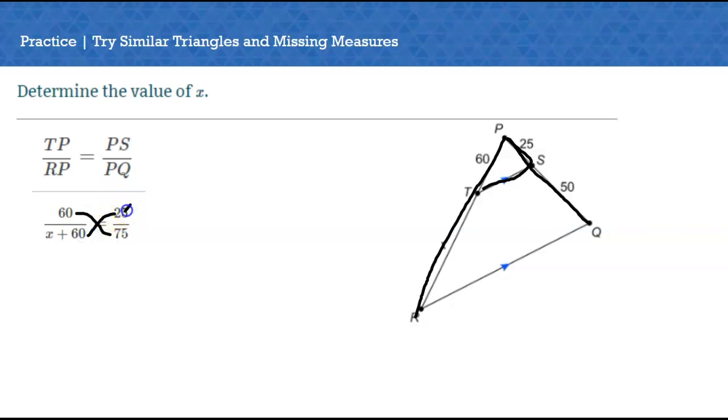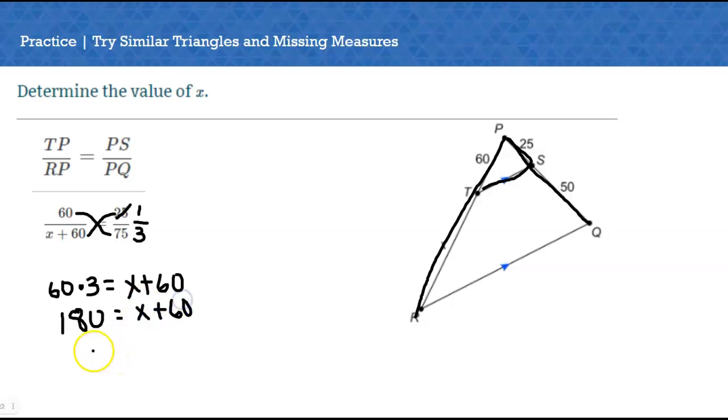But before we do that, let's simplify. So we have 1 over 3. Then 60 times 3 is equal to x plus 60. 60 times 3 is 180. Then we subtract 60 from both sides, which tells us that x is equal to 120.